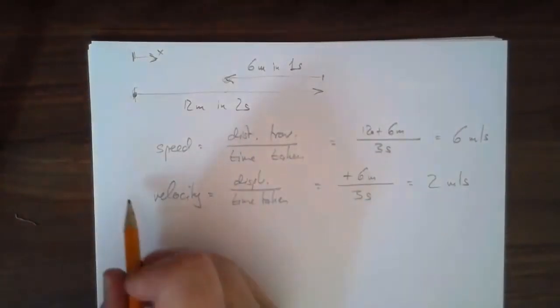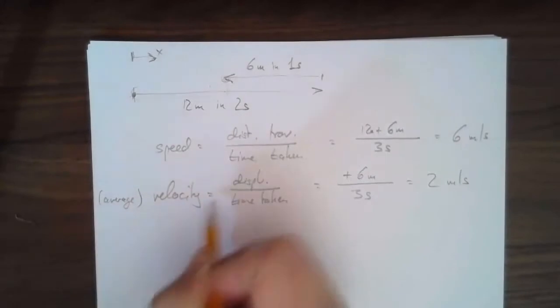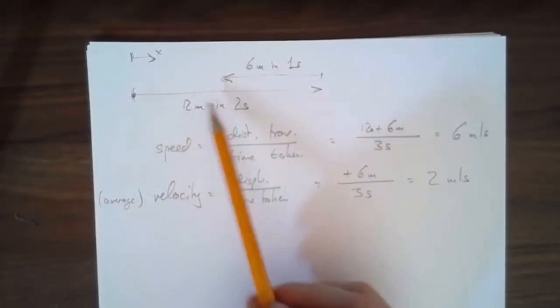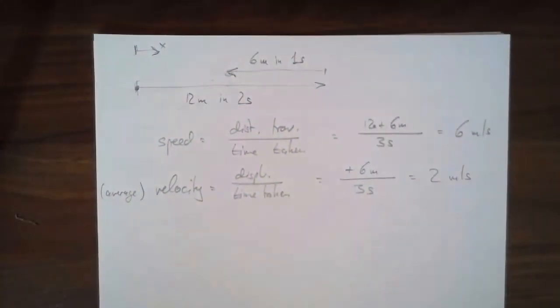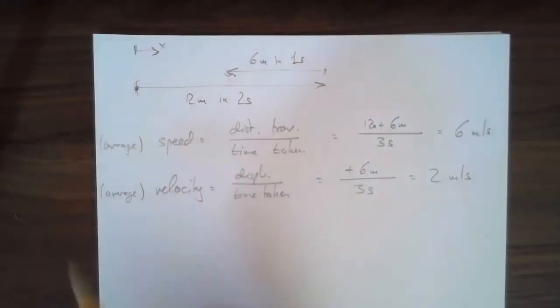But this is my average velocity during that time, whereas my speed was just that. If my speed changes over time, then we really should be talking about the average speed as well.